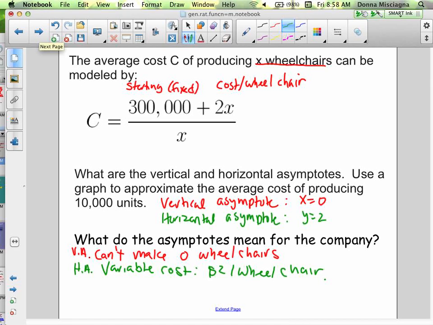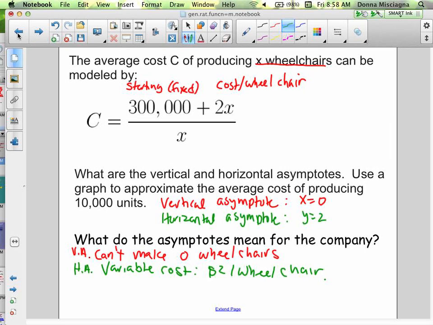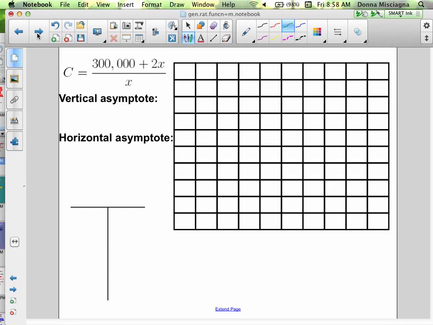We've got 0 and 2. And we're interested in 1,000 wheelchairs, or I think it was 10,000. 10,000 wheelchairs. So we better go up by a number that makes sense for 10,000.